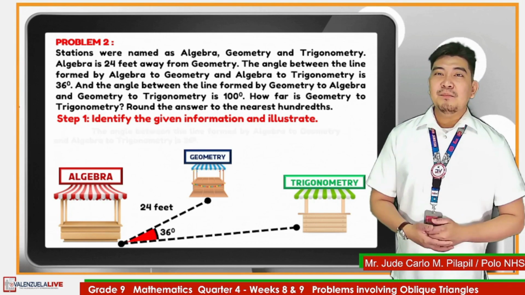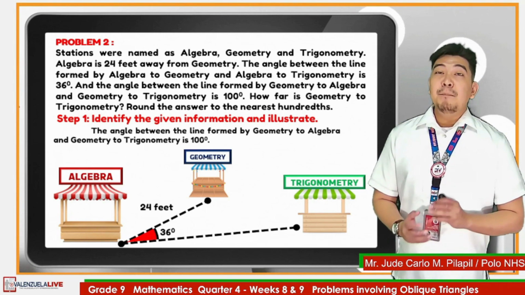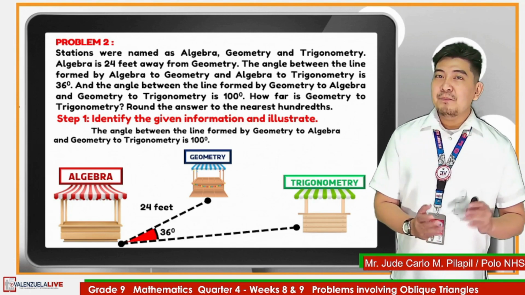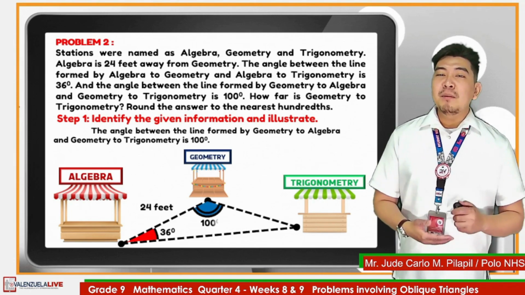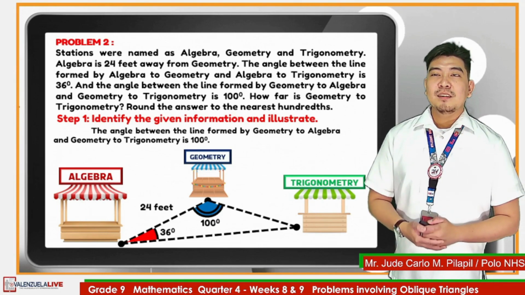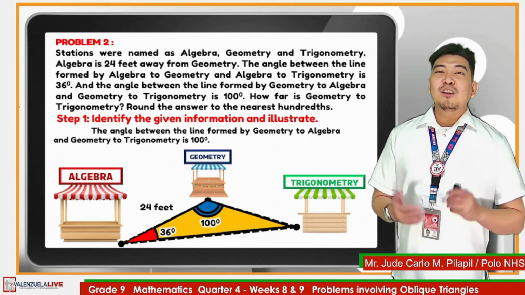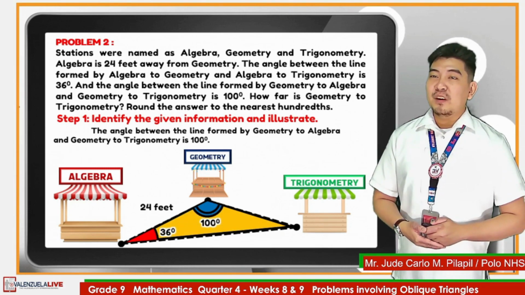And lastly, the angle between the lines formed between geometry to algebra and geometry to trigonometry measures 100 degrees. The figure shows an oblique triangle, an obtuse triangle to be specific.